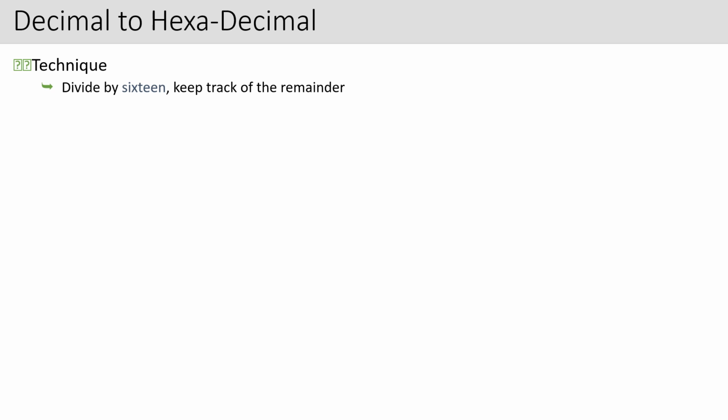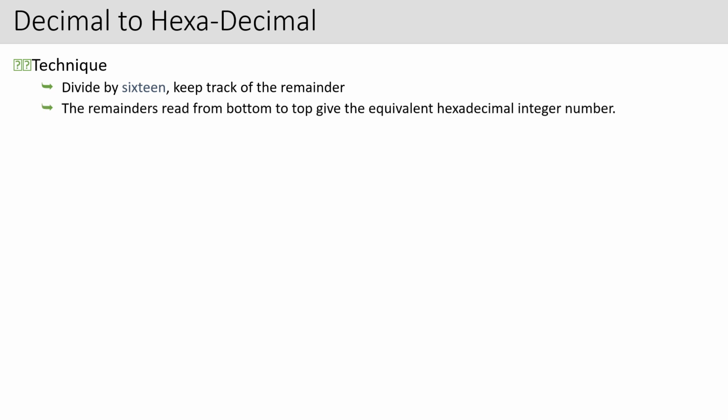Now to convert decimal to hexa, what will we do? We will divide by 16, because the base of a hexadecimal number is 16. So you divide by 16 and once again keep track of the remainders. Then you read the remainders from the bottom to the top and you will get the equivalent hexadecimal number.